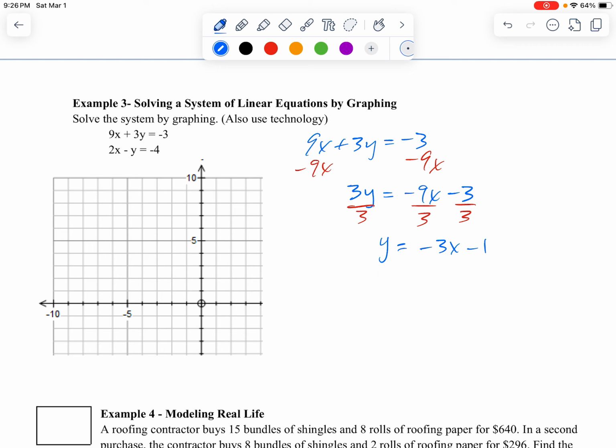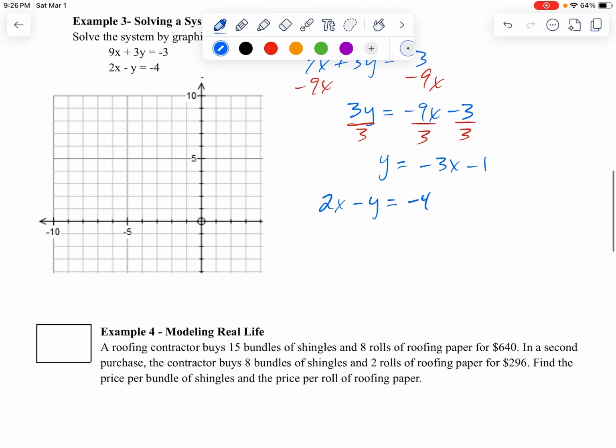Equation 2, 2x minus y equals -4. Now, again, there's more than one way to go about this. If it were me, when I look at this, if I add y to both sides, now I'm going to end up with a positive y on the right, which is going to be helpful because we eventually need it to be y equals something.